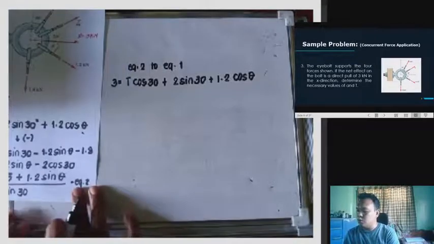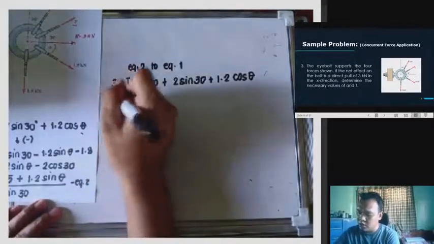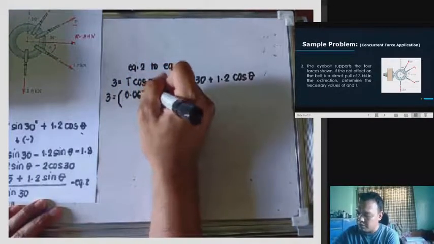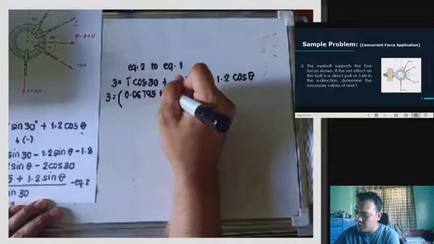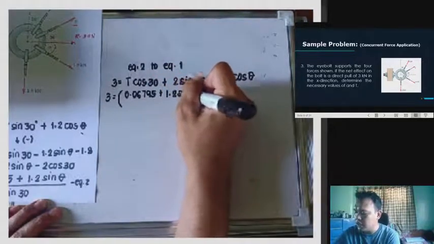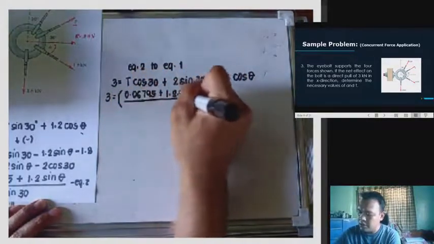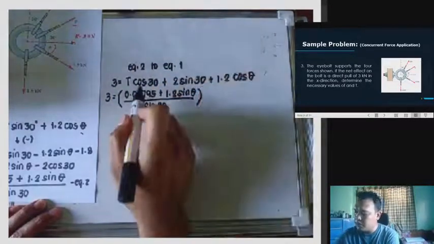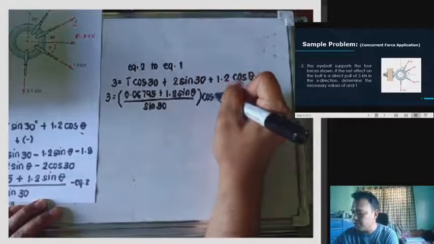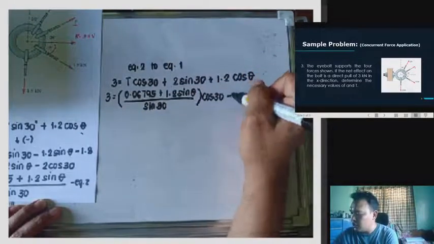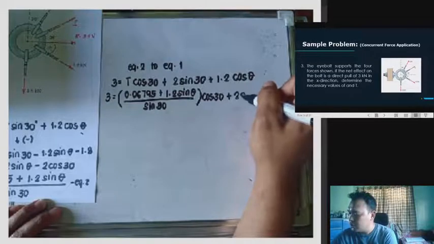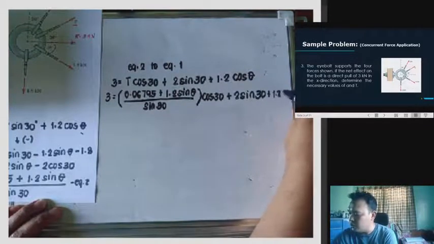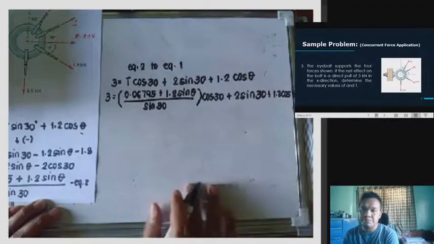So, pwede natin siya isulat as 3 equals the value of T, which is 0.06795 plus 1.2 sine theta all over sine 30, multiplied by this cosine 30, plus 2 sine 30 plus 1.2 cosine theta.